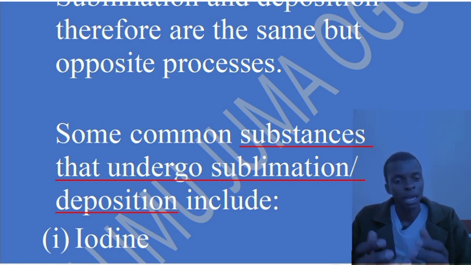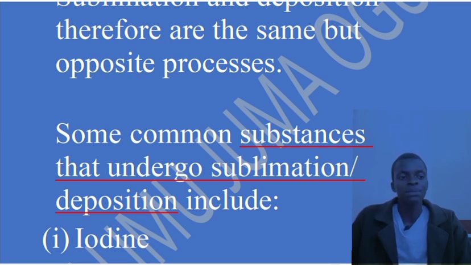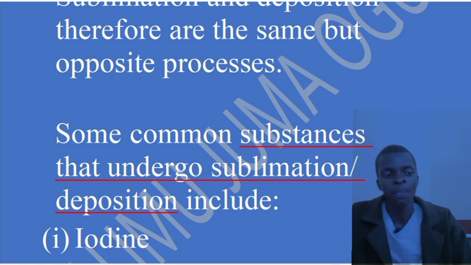Then another substance that undergoes sublimation and deposition is carbon dioxide, or commonly called dry ice. It turns to a gas at negative 78.5 degrees Celsius.